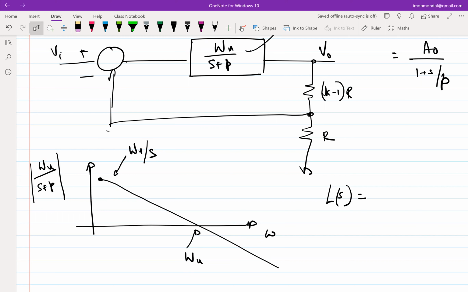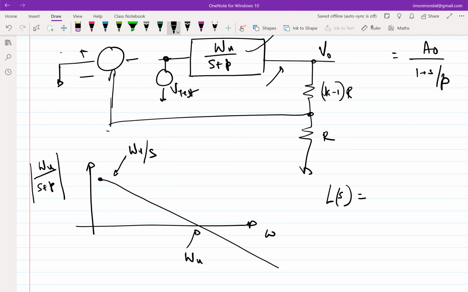So again, how do you figure out loop gain? You desensitize the input, break the loop, apply a test voltage. Because many of you seem to be a bit dated, let me do this once again. You apply V test.